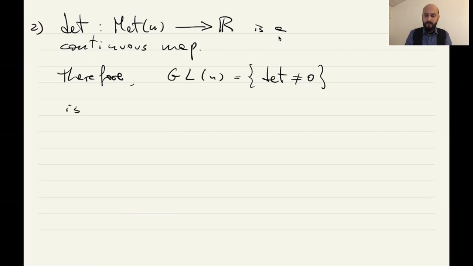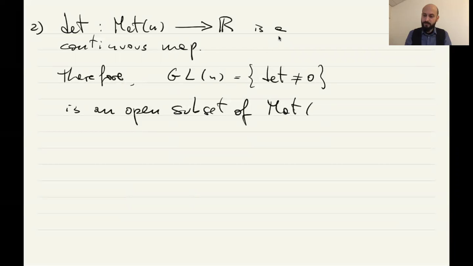This is an open subset of the space of matrices. So now it's clear what the topology is: it is the topology induced by the space of matrices, and it's an open set.